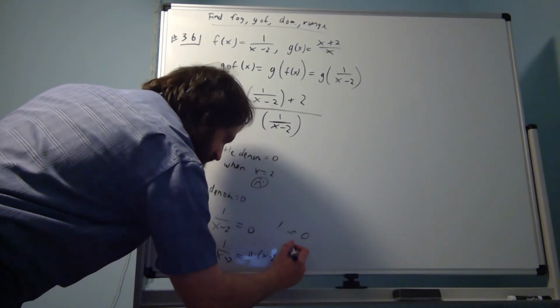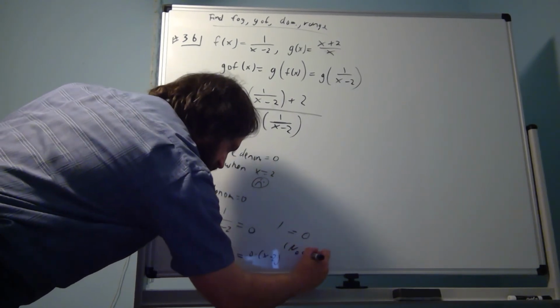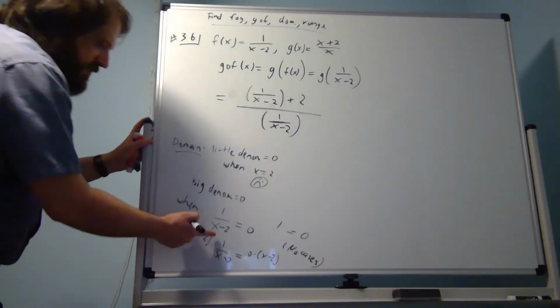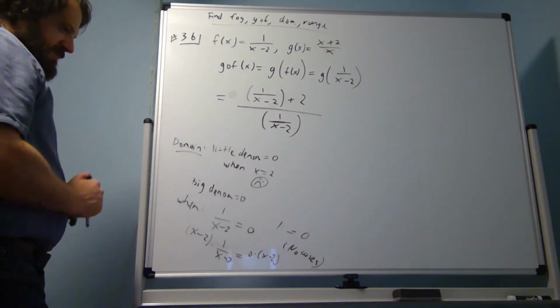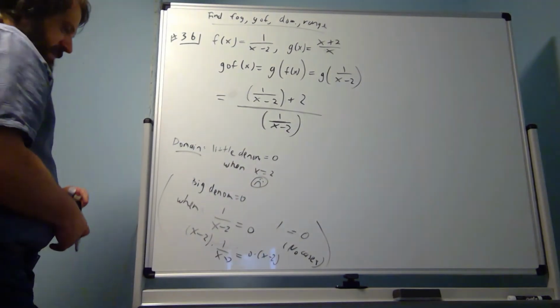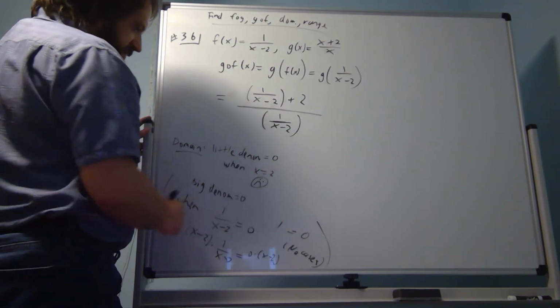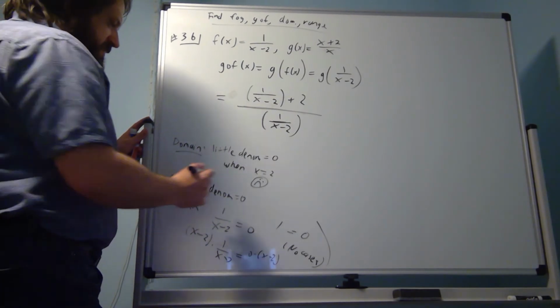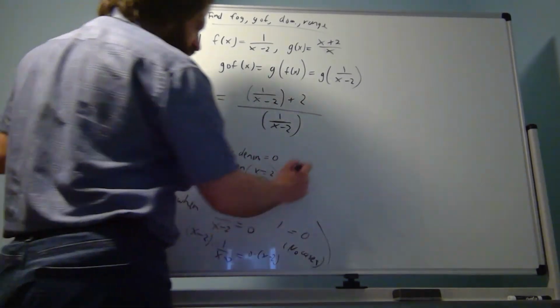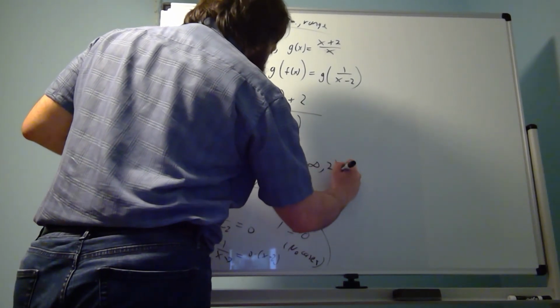Okay, so there's no value of x that can make 1 over x minus 2 equal to 0. So you still need to check, but 1 over x minus 2 is never 0, so that doesn't contribute any domain problems whatsoever. The only domain problem is at x equals 2.